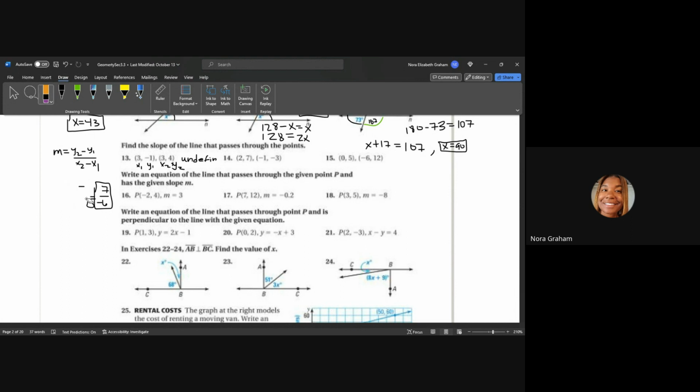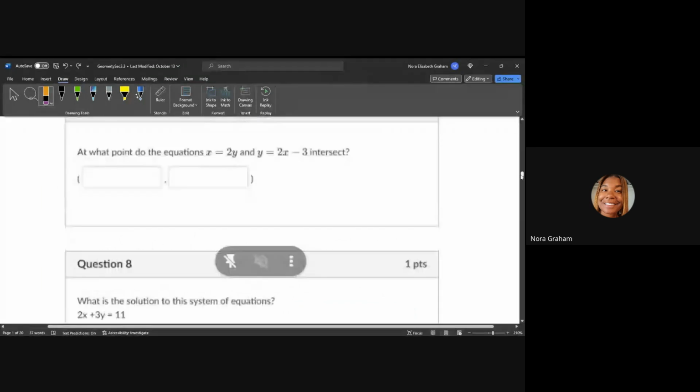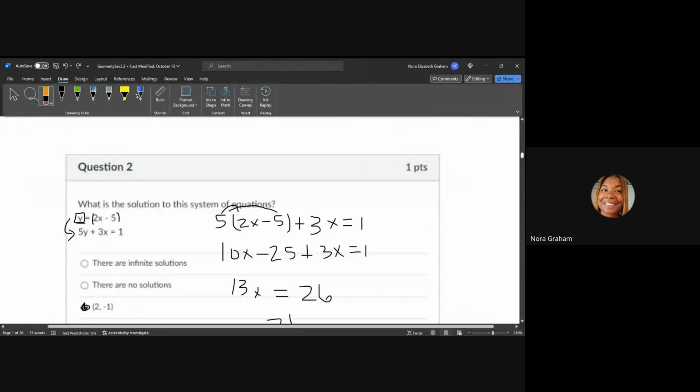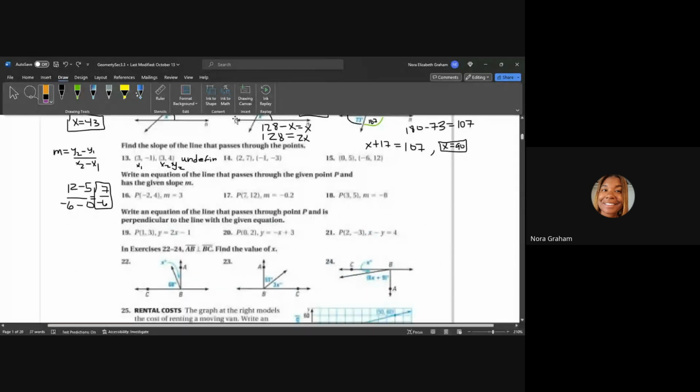I'll leave the slope formula up there because for some of these, we're going to have to use it again. Oops. Let me go back down. Oh, there we are. Sorry about that. Was moving too quickly.